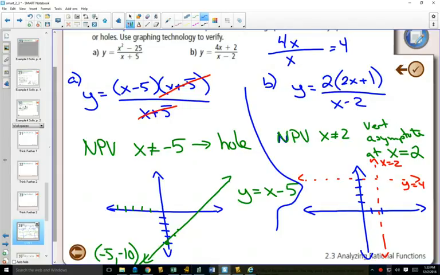Could you find your y-intercept easily on this one? What's it going to be? Plug in 0 for x, -1. What is our x-intercept going to be?